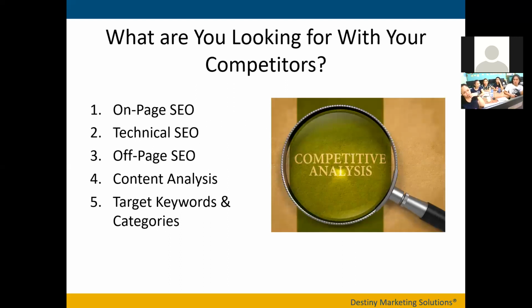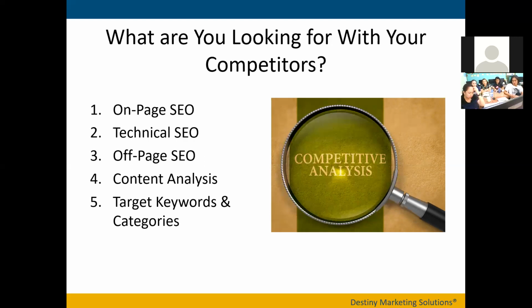And so what exactly are you looking at when you're looking at your competitors? You want to look at their on-page SEO, their technical SEO, off-page SEO, specifically which websites they get backlinks from. When we go over Ahrefs in the third part of this session, we're going to go over how you can do that exactly. And then content analysis. So again, what topics are they writing about?